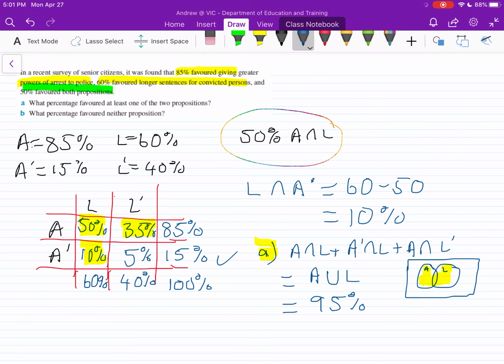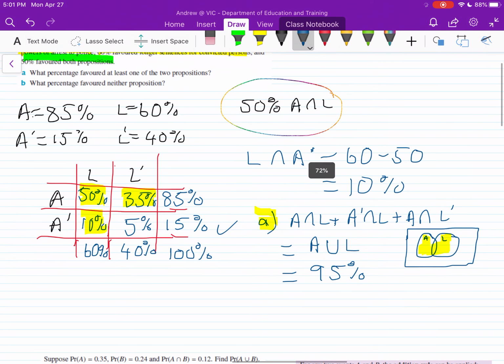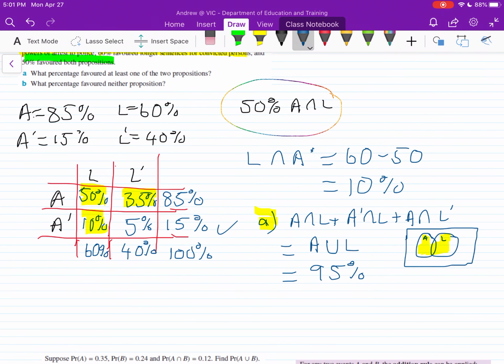So we'll have a look at B. What percentage favoured neither proposition? This is not A and not L. We can see from this that this is equal to 5%, which is just this value here.